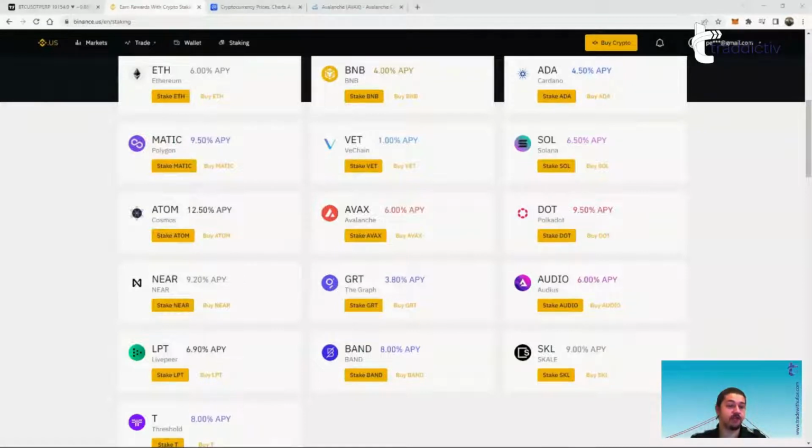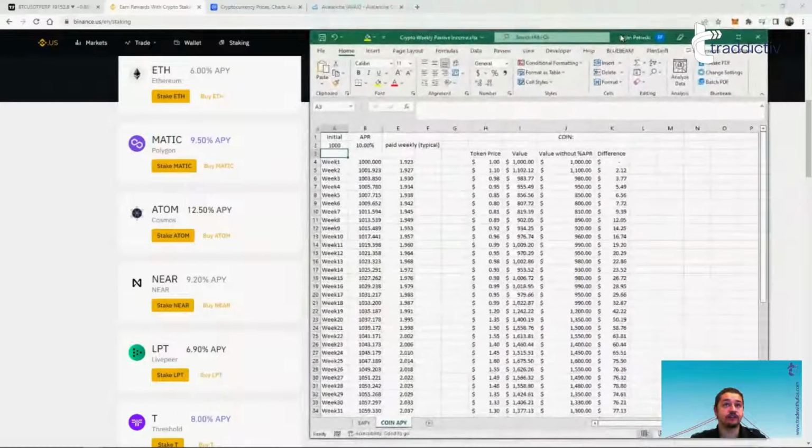Dollars APY is really simple. That's just the interest rate that you receive on any one of these coins.